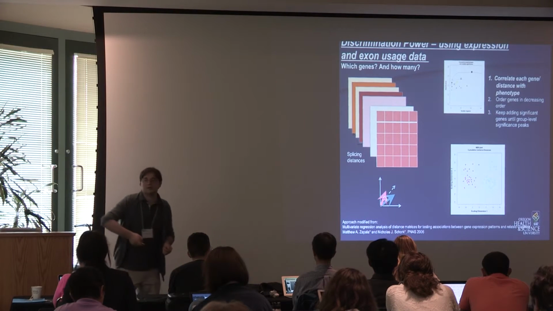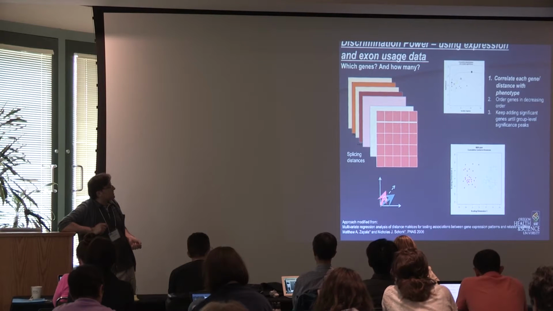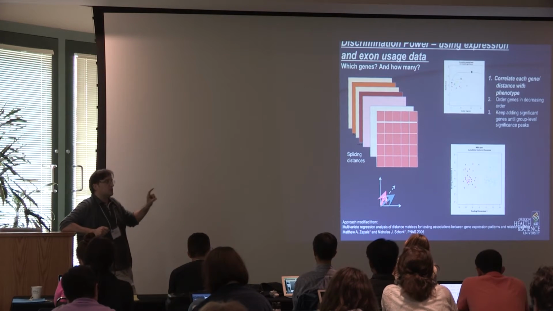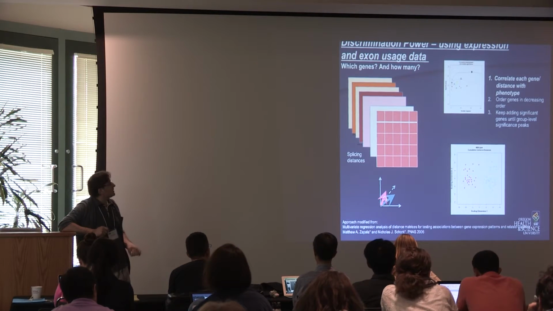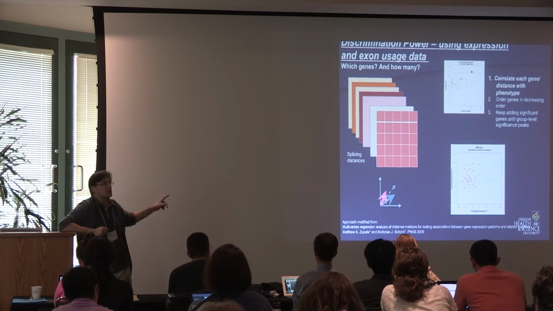So for a while, I was excited about this. But then I thought about it, and I said, okay, so what happens if I just go and select random groups of genes of the same size as my module? What kind of significance do I get there? I find that selecting random groups of genes does give me the same performance as a module.